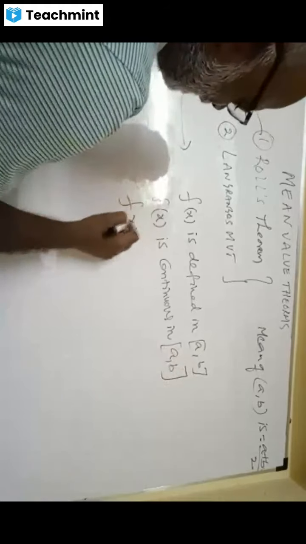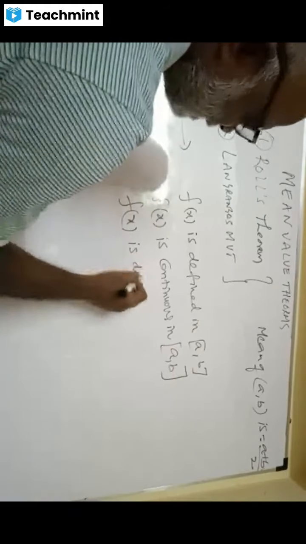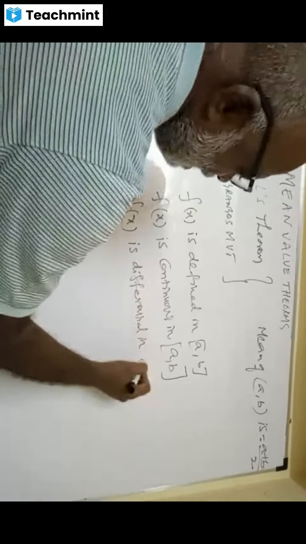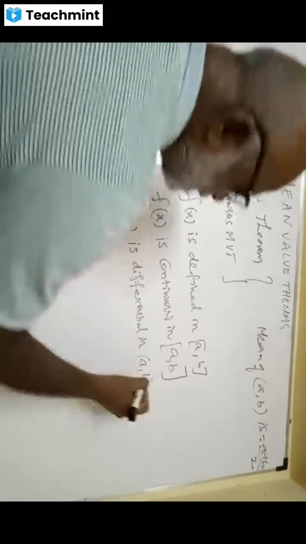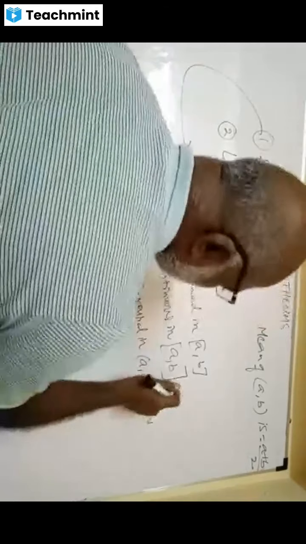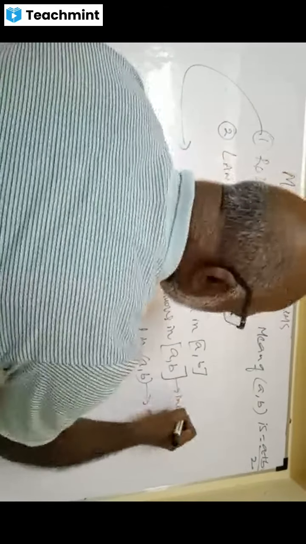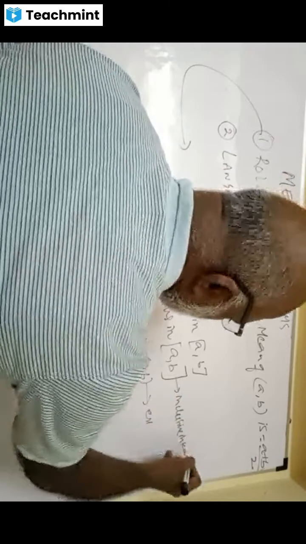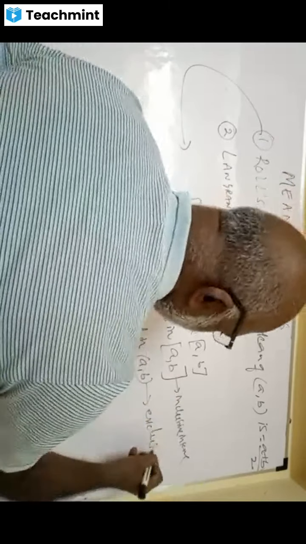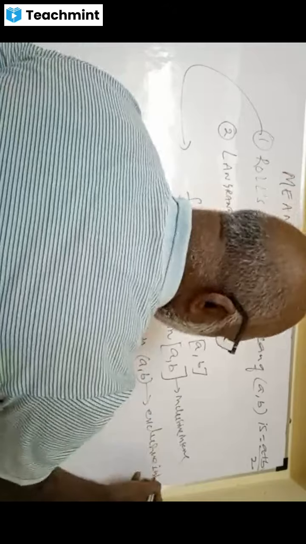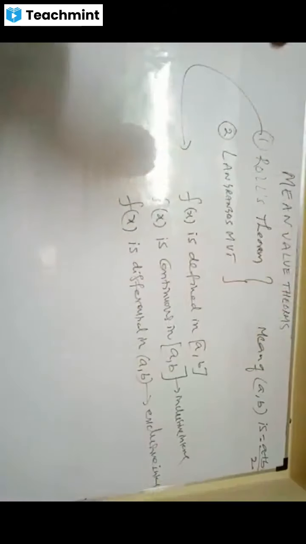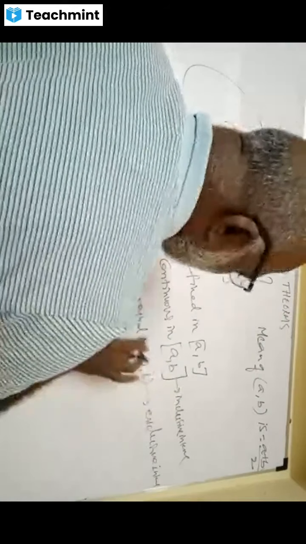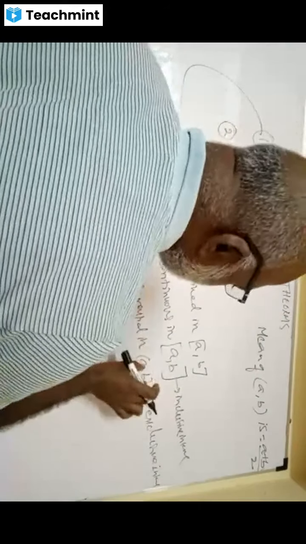Then f of x is differentiable in the exclusive interval. You see the difference between this one, mark. This is called the inclusive interval. This is called the exclusive interval. That means here A and B are included, here A and B are not included, the extremities are not included.